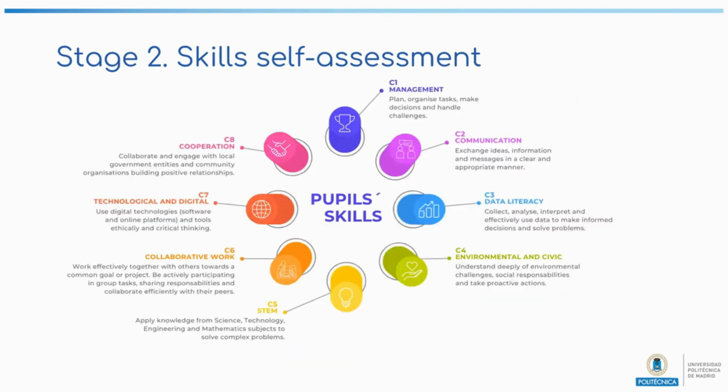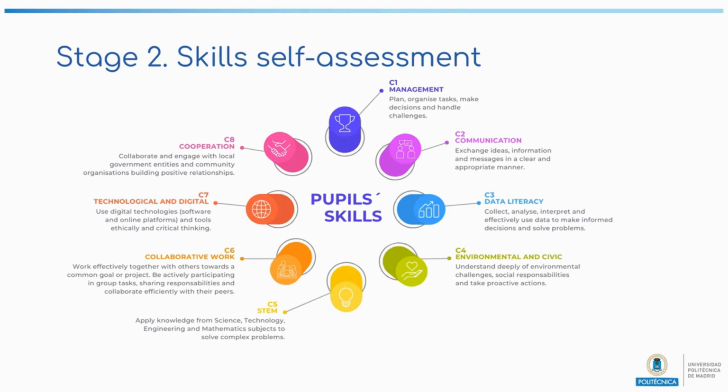This figure shows the main skills that EUthmappers project wants to enhance. The skills are management, communication, data literacy, environmental and civic competence, STEM, collaborative work, technological and digital competence, and cooperation.